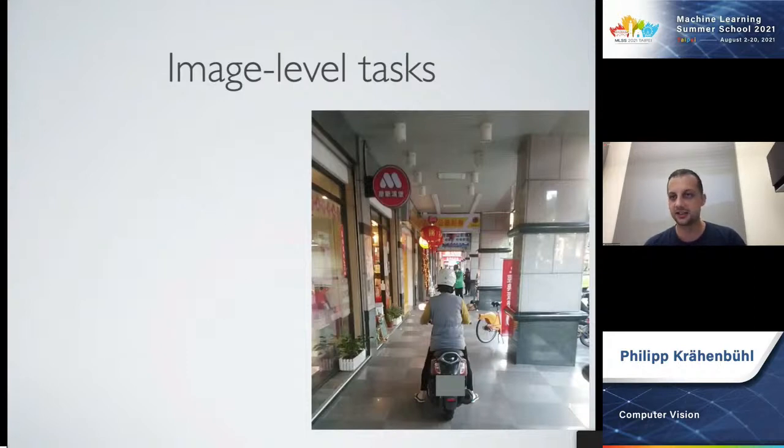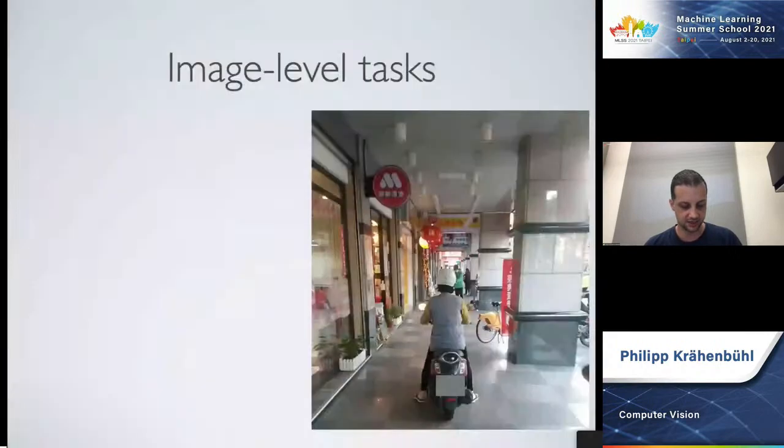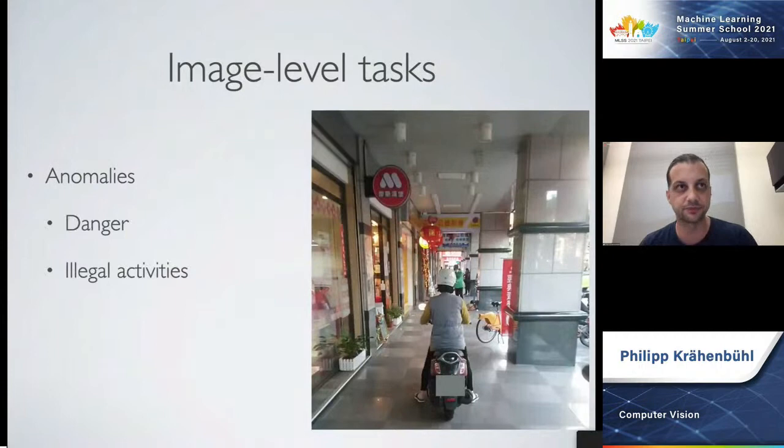And then finally, there is one interesting class of image level tasks, which is anomalies. This is, for example, detecting danger. Looking at an image and saying, is there something dangerous in it? Is there any illegal activity going on in this picture?